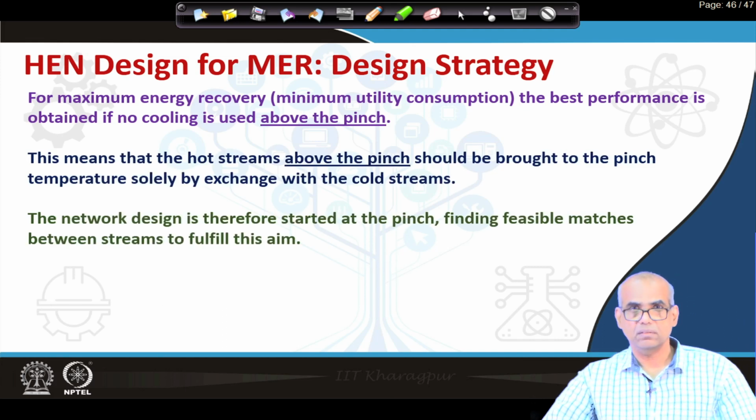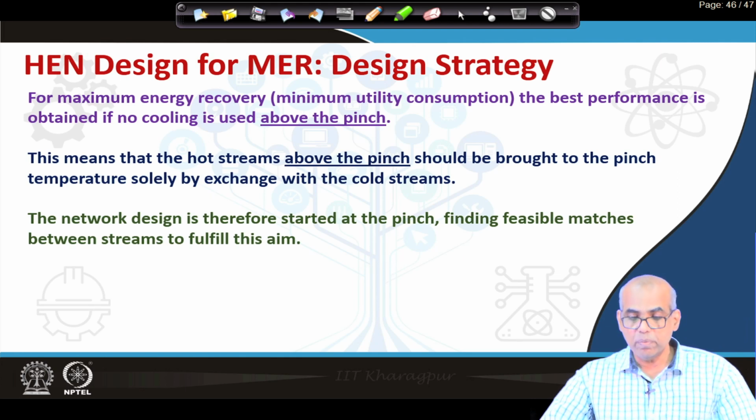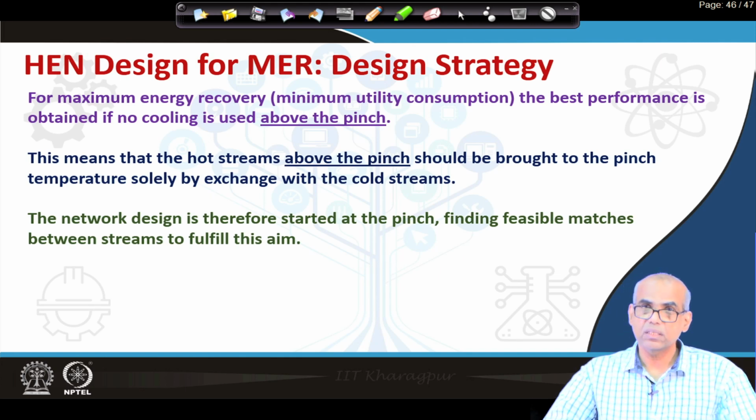So, what does it mean? This means that the hot streams above the pinch will be brought down to the pinch temperature only by the heat exchange with the cold streams. So, the network design will start at the pinch, finding feasible matches between hot streams and cold streams such that this aim is fulfilled.